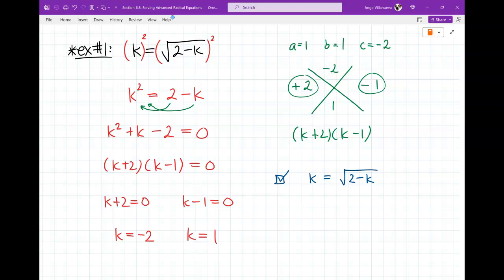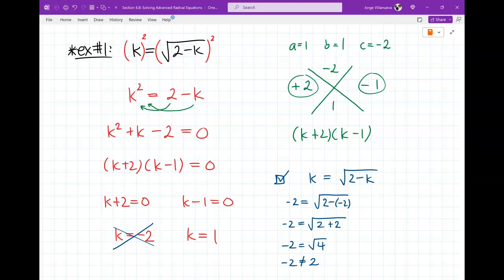If I plug in a negative 2, I'm going to put negative 2 equals the square root of 2 minus negative 2. Well, negative 2 is equal to the square root of 2 plus 2. Negative 2 is equal to square root of 4. And the square root of 4 is 2. That doesn't check out. So this is not an answer, because that's not true.